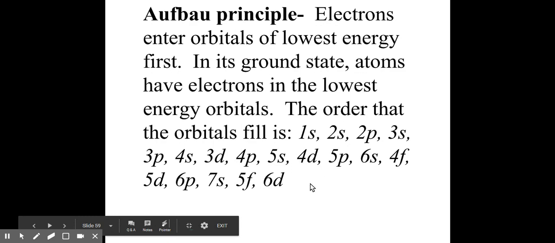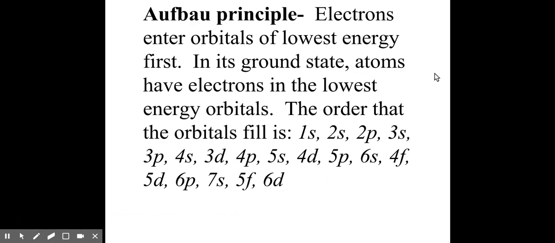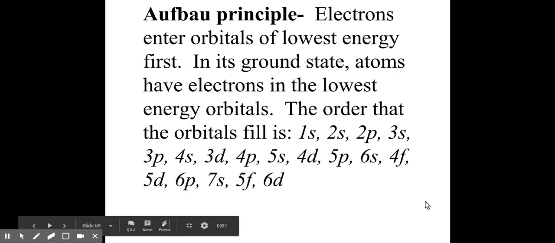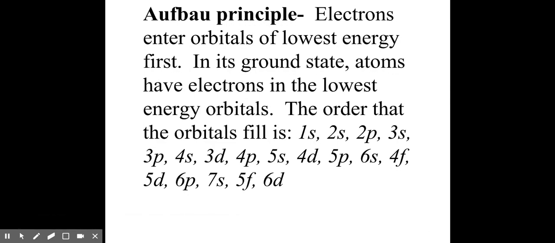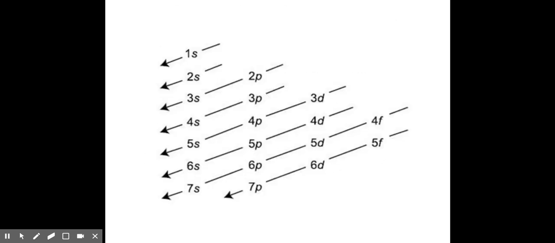I'll show you a simpler way to remember this, but basically what that means is all matter, even electrons, even you, likes to exist at its lowest energy level possible. Just like you'd rather be sitting on the couch rather than running around exercising, you like to exist at the lowest energy level possible, so electrons are the same way.